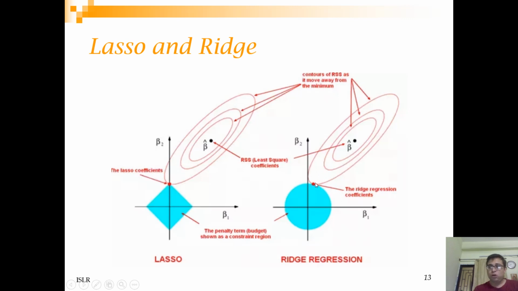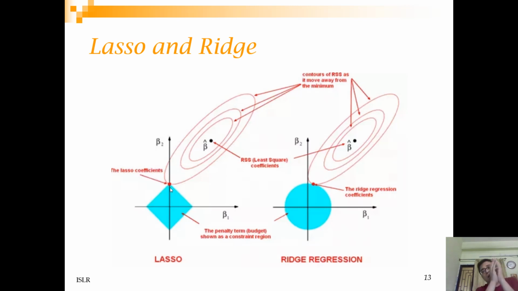As it is a circle, the chances are very small that it can cut somewhere on the axis, because if it cuts on the axis, then you can have your coefficient value be 0. Whereas in this case, as the diamond has very sharp angles, the contours can cut them over the axis and you can have some coefficients as 0.